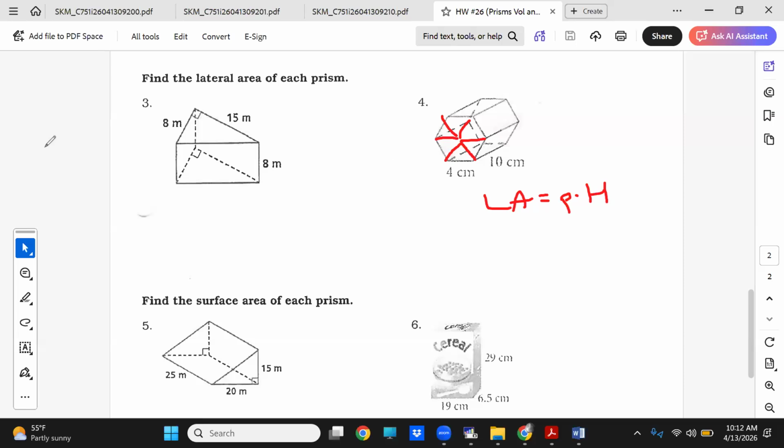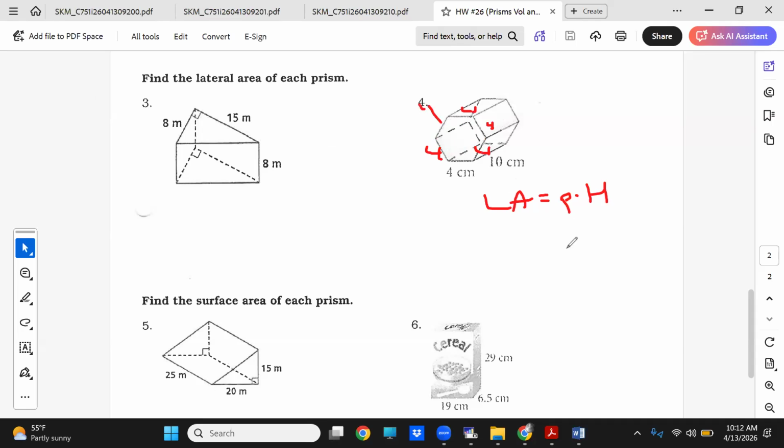Now, this hexagonal prism should be sitting on its hexagonal face, right? Because that's the true base. The rectangles are the lateral areas. The base is the hexagonal face, right? So what's the perimeter of the hexagonal face?